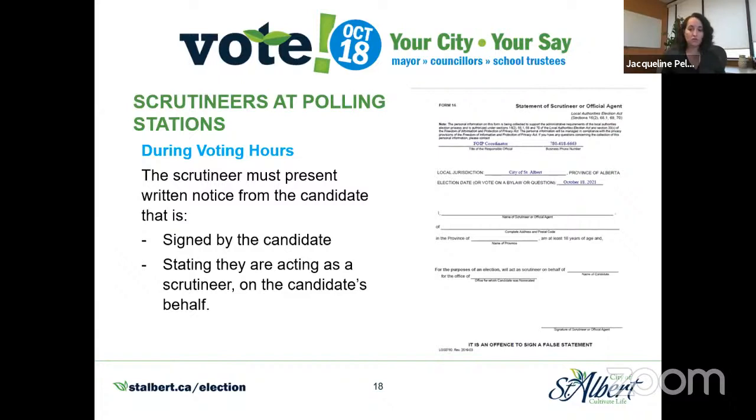During voting hours, the scrutineer would present written notice from the candidate. This notice must be signed by the candidate and it states that they're acting as a scrutineer on their behalf. A copy of this form is going to be available from the city's election webpage after nomination day.